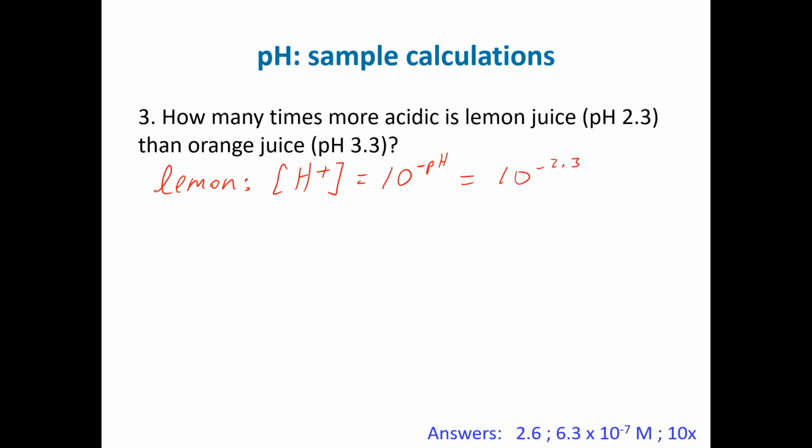And hold on a second, I'm just going to punch this in my calculator. Oh, something's going on with my calculator. Hold on. Maybe that's why I have a spare calculator here. Okay, let's try that again. Maybe I just didn't have enough light, these solar powered calculators, eh? Okay, so let me see here, 2.3 negative, oh no. Shift.